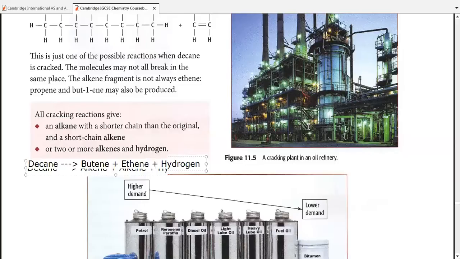No, beta, for what Kabir wrote in chat, not what I wrote. Tanisha, beta, you need to pull up the chat. There is an equation that Kabir wrote to everyone. There are 3 products in that equation. The first one is butene, according to Shahzeb, and he's correct. The last one is hydrogen. That is very simple. You're going to name the second product for us. Take a look at the chat and then let us know.